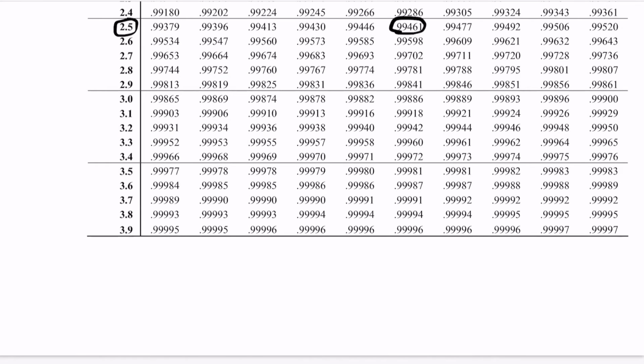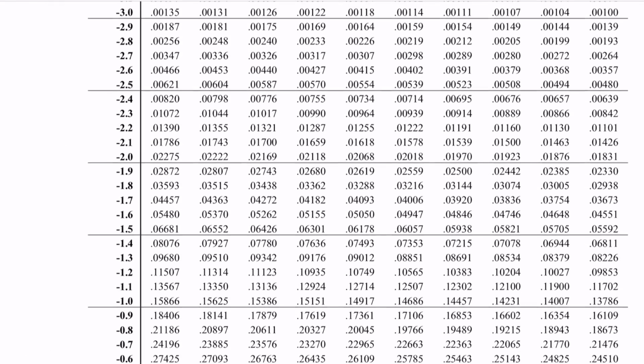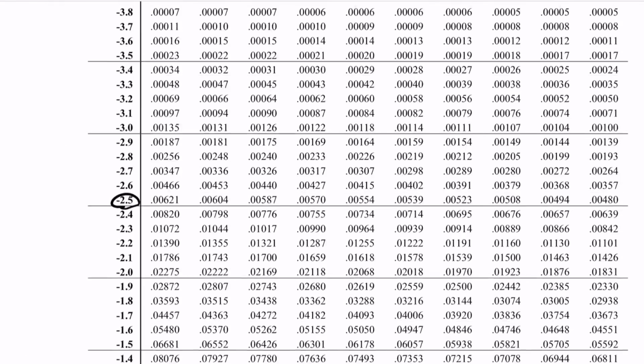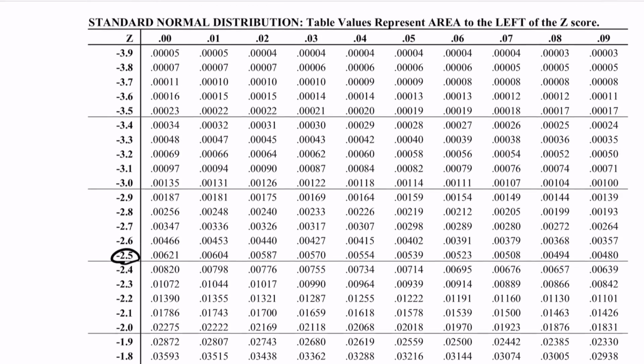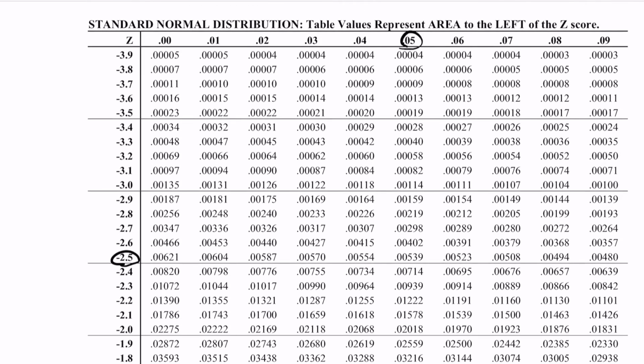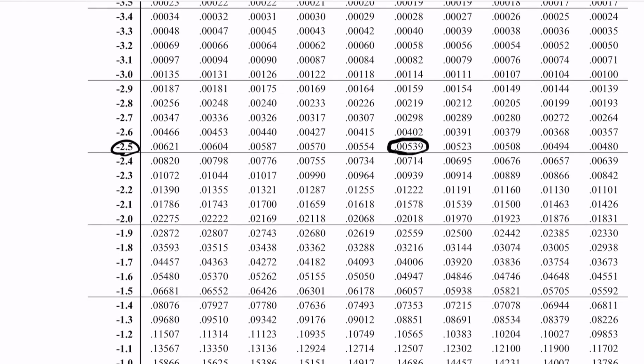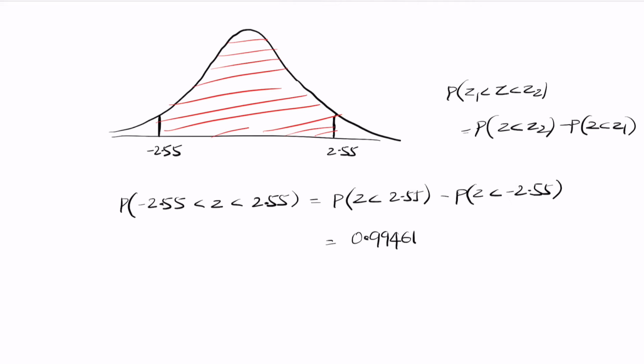Now we want to find Z equals minus 2.55. So we have minus 2.5 and we have to find 0.05 under this again. So this is 0.05, and under that you have 0.00539. Now subtract the two values.